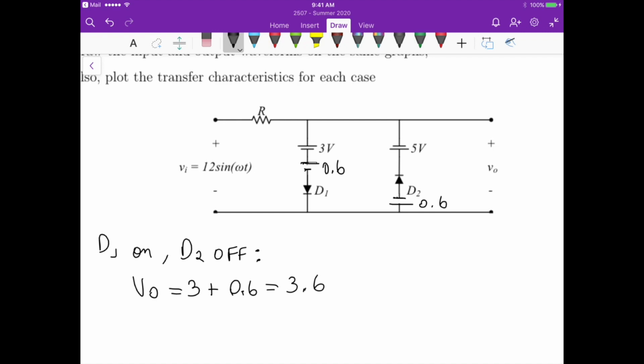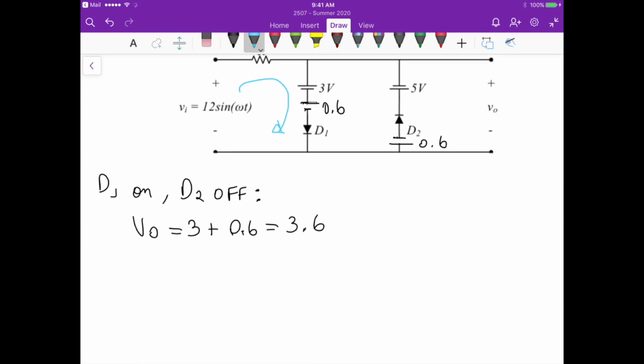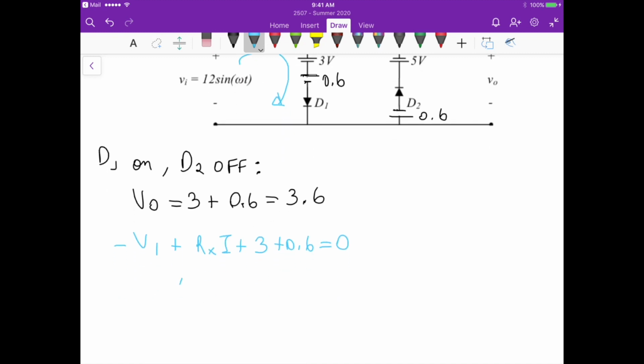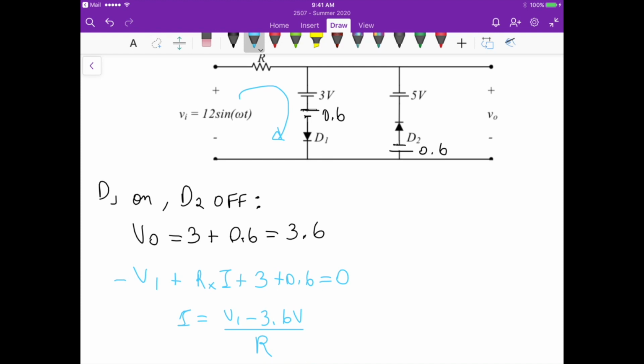If we apply a loop analysis just on this single loop here, we have minus VI plus R times I plus 3 volts plus 0.6 volts equals 0. So this gives us I equals VI minus 3.6 volts divided by R. In order for D1 to be indeed on, this current should be positive, because then it agrees with the direction of the current that we assumed.